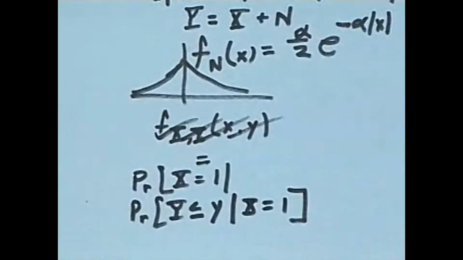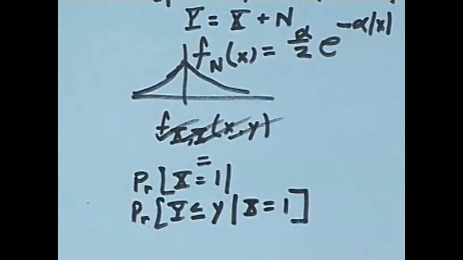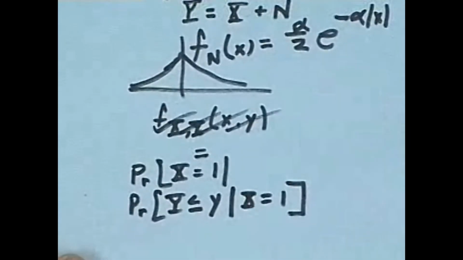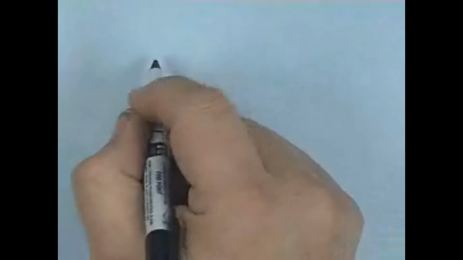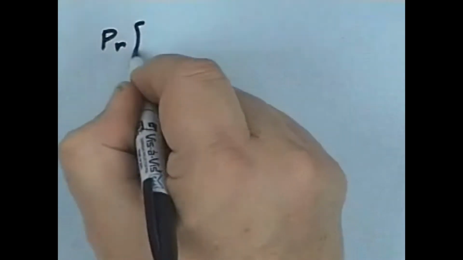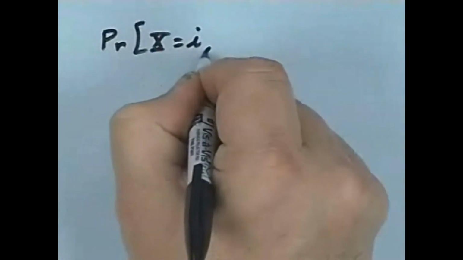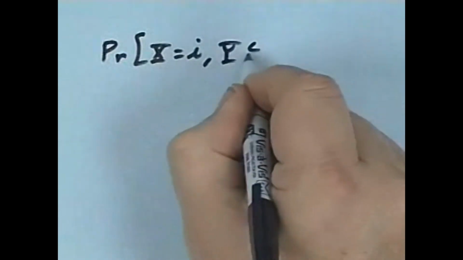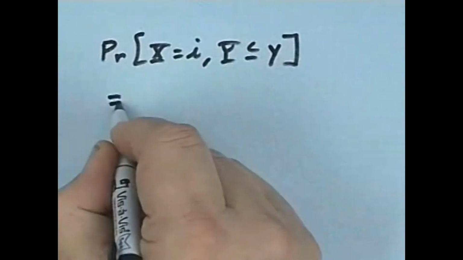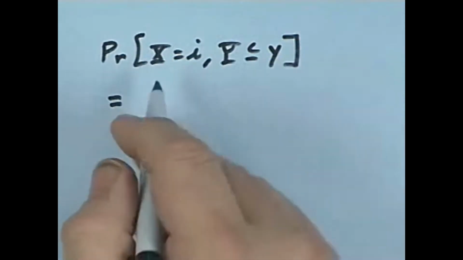I think it's the joint probability. Yes, it is. However, let me look at their methodology here. Oh, I see. Okay. Following the solutions, they decide to express this in terms of a conditional probability.